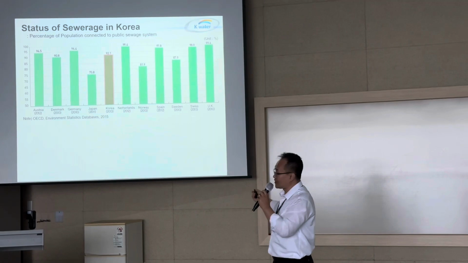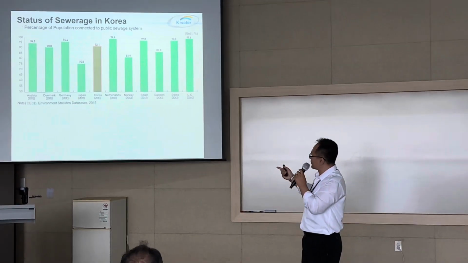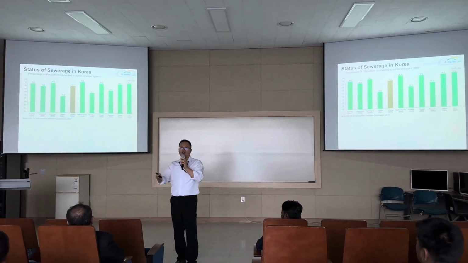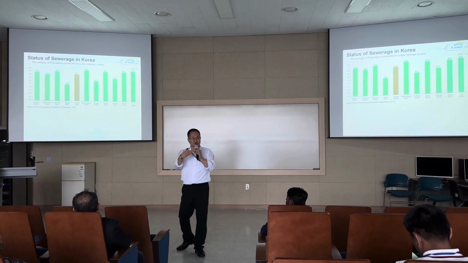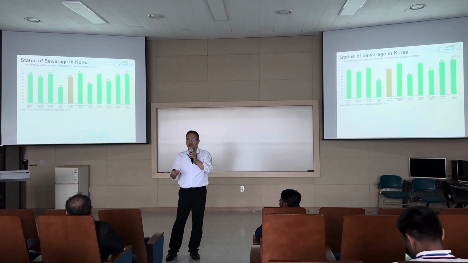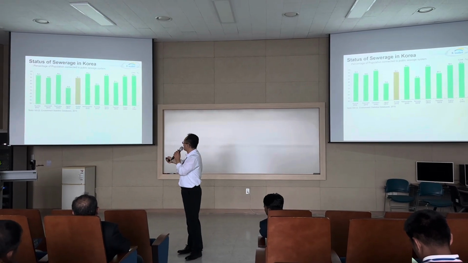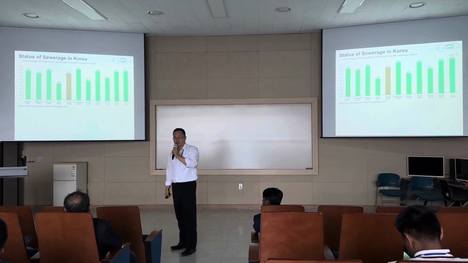This lecture will cover sewage in Korea. According to the OECD in 2015, in the early 1990s the sewage distribution rate of Korea was much higher than that of Japan. As you can see on this slide, Korea is 92% and Japan is 75%.